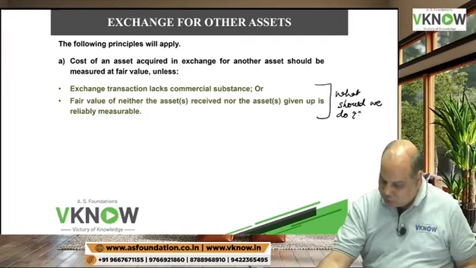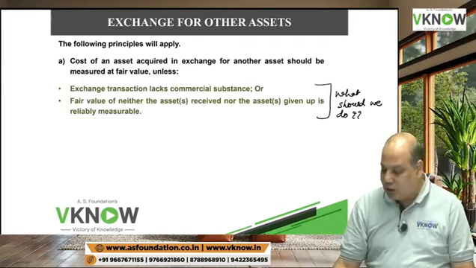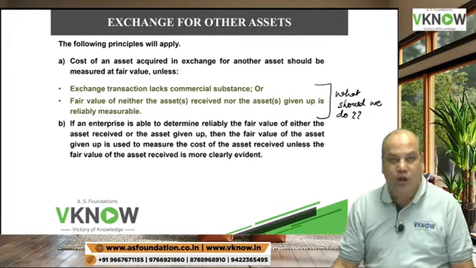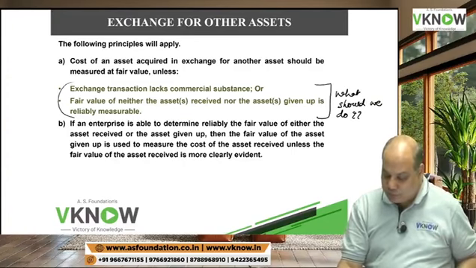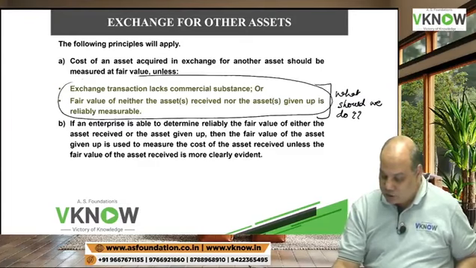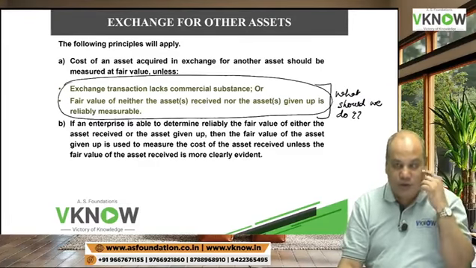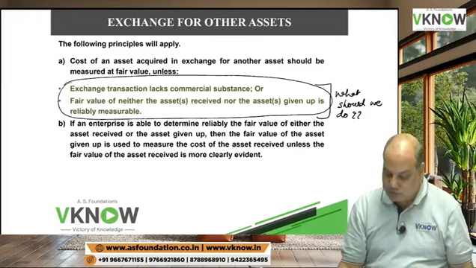I will answer this query. If you lack commercial substance, or if you can't calculate the fair value, then how do I do the accounting? I am the accountant. I have to ensure first there is commercial substance and at least the fair value of one asset you can find out.